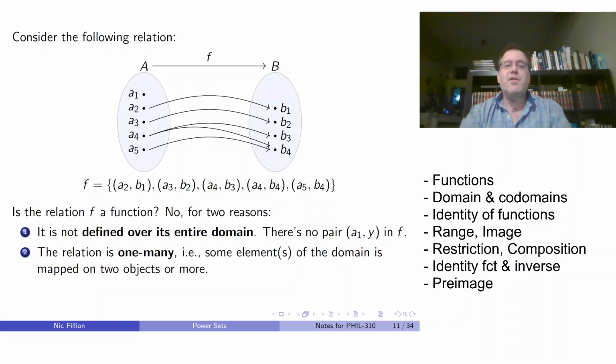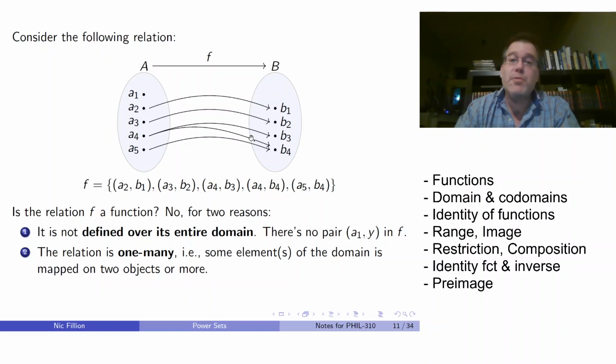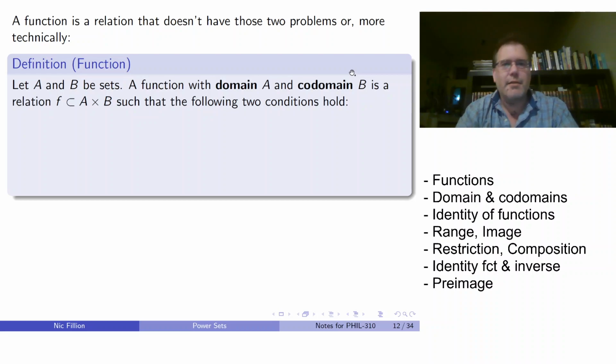When that happens, we say a relation is one-many because it maps one object onto many different objects. And definitely one of the things we want to avoid when we're dealing with functions are those relations that are one-many. One input should go to one output, not to two or more outputs. Okay, so this is the basic idea, and that motivates our definition of a function.